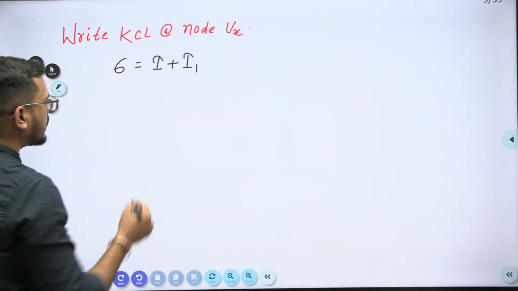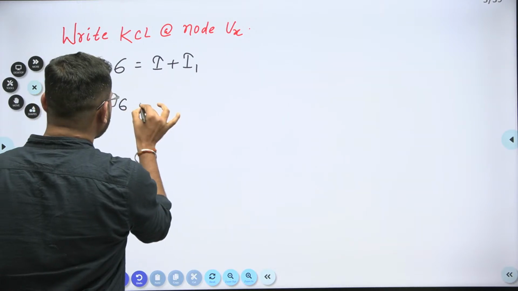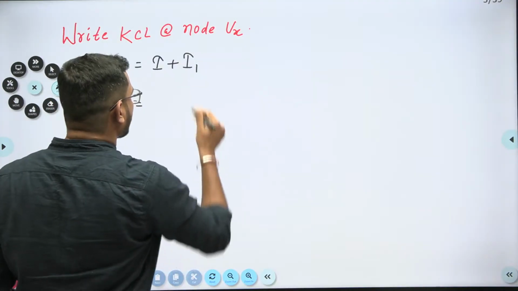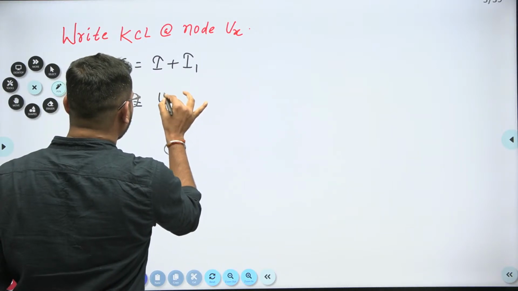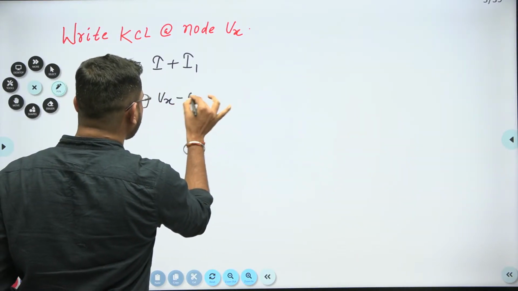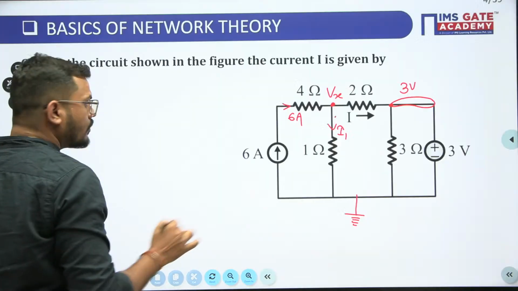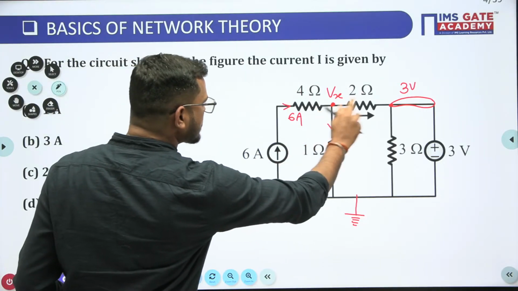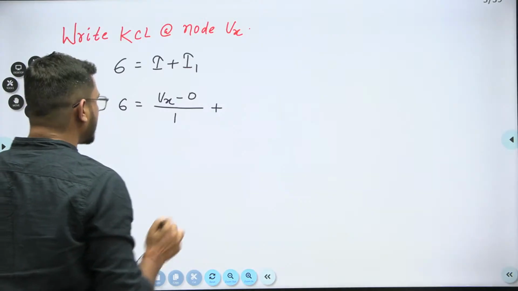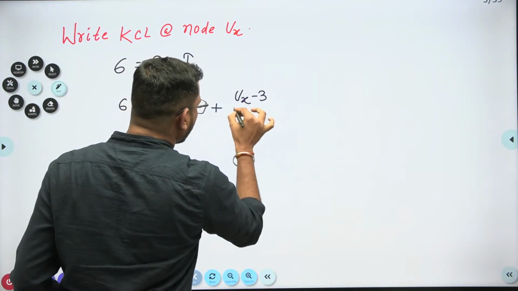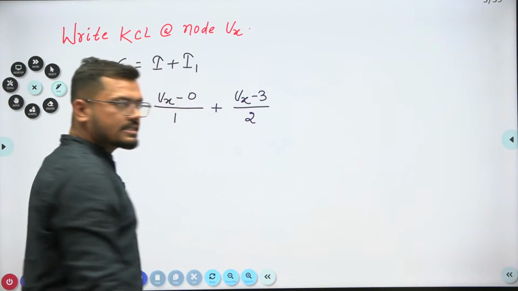So 6 is equal to, for I1, Vx minus 0 divided by 1, plus, for I, Vx minus 3 divided by 2, guys. Is it clear to all?